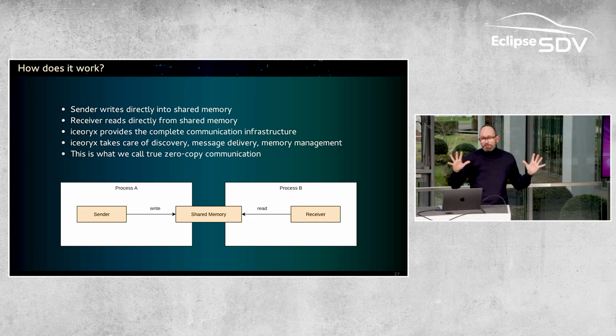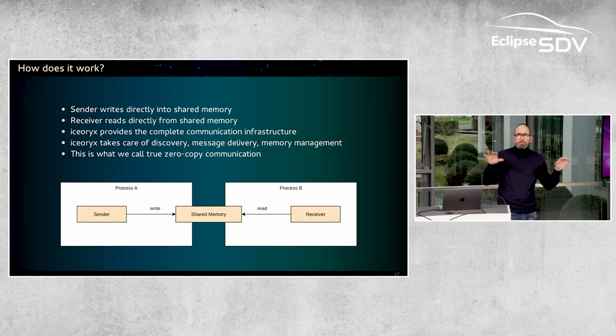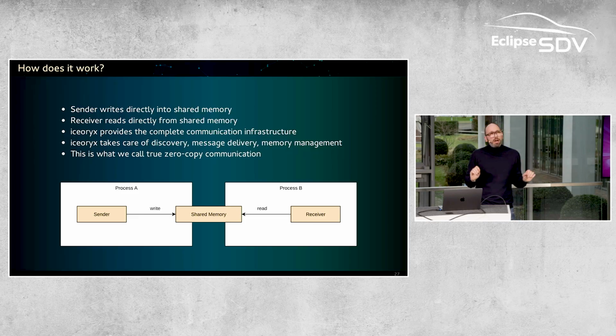How this works on a high level: you have two processes, a sender and a receiver. iceoryx creates some shared memory that's mapped into these processes. This allows you then to, on the sender side, write the message directly into shared memory, and on the receiver side, read directly from the shared memory. So you can have the same efficient message passing that I showed you on the operating system.